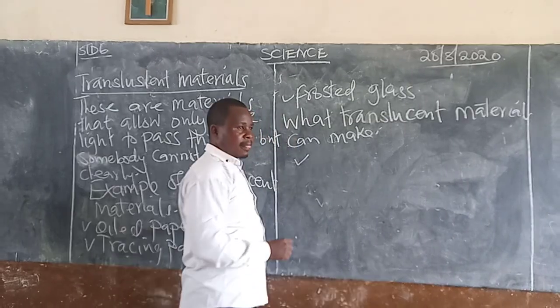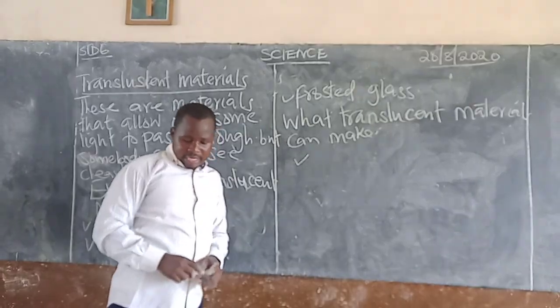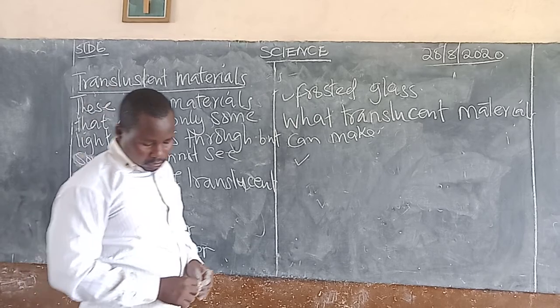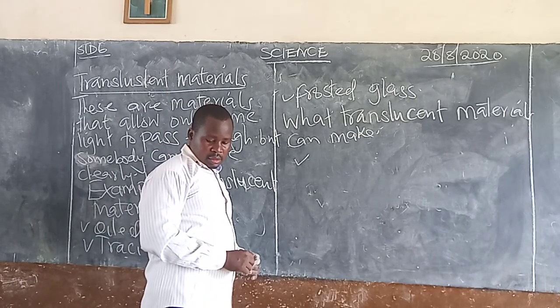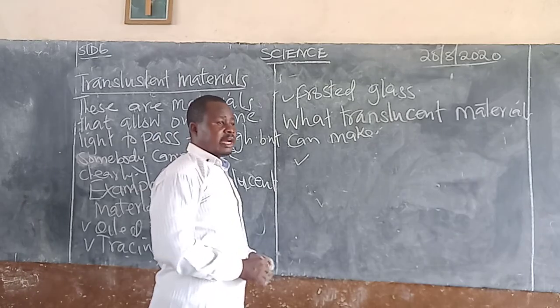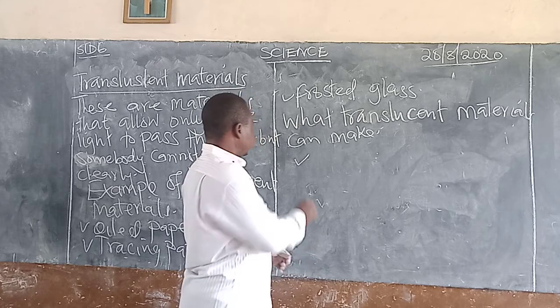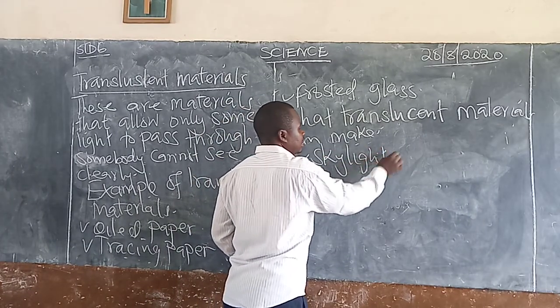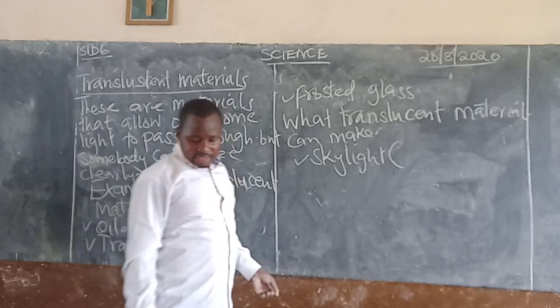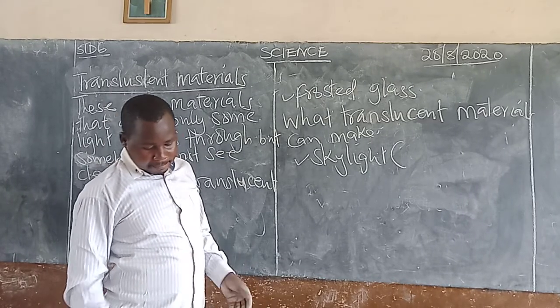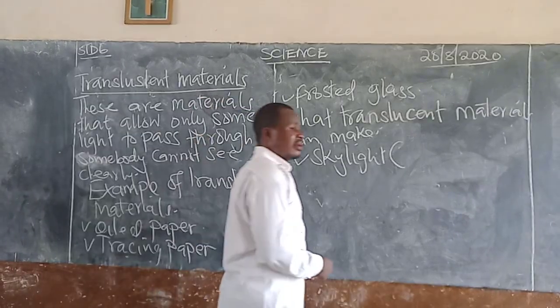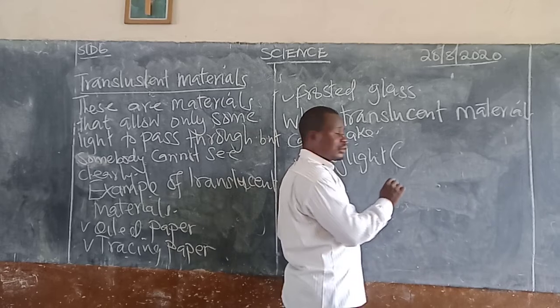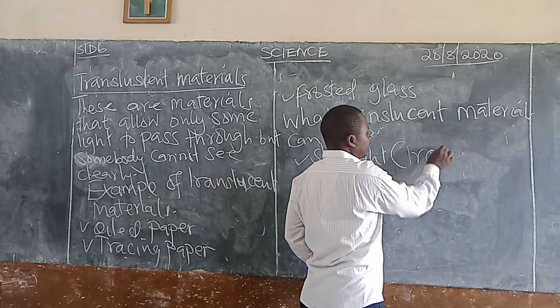One is we can make the skylights. Skylight, this one, we have the translucent roofs. I don't know whether you have seen the translucent roof.